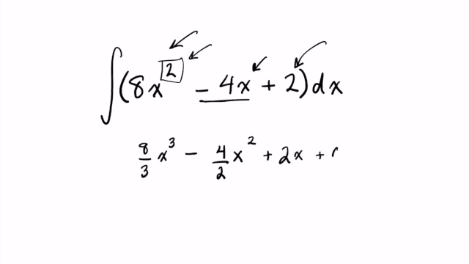And finally, we always add in that plus c to represent any constant that may have disappeared. Go ahead and simplify your problem if we can. Obviously, this will simplify here to give us 2x squared plus 2x plus c. And that is it.